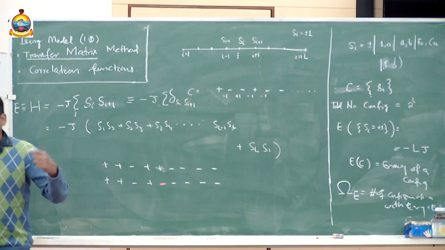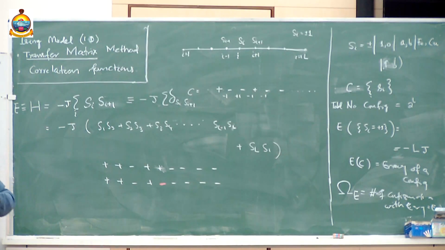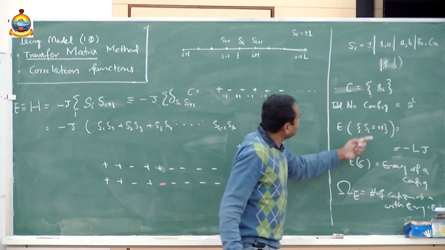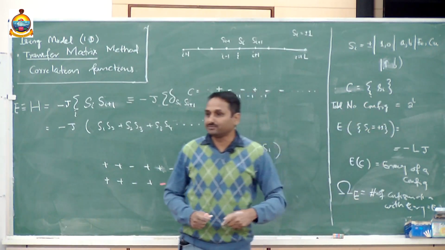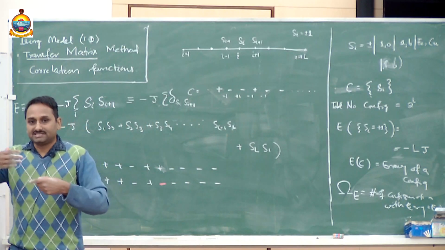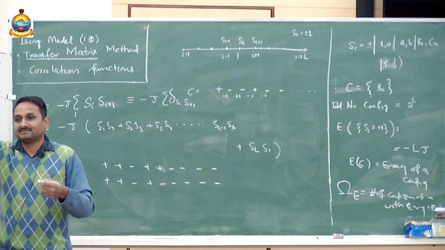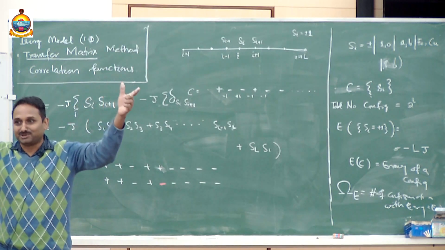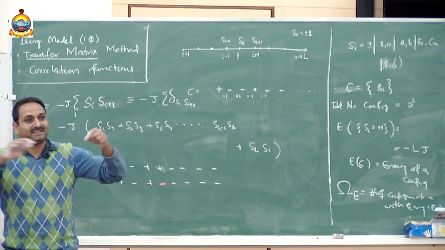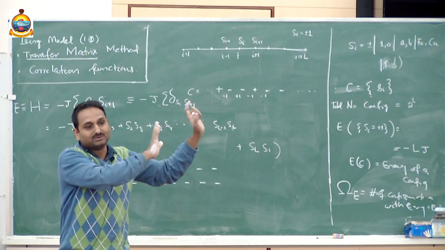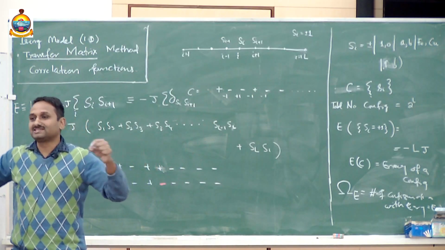So basically, in the configuration space, which has 2 to the power L configurations, the system with time is evolving by changing from one configuration to the other. The example I gave with 7 SOPs is now 2 to the power L SOPs, and you have a rule. We'll come back to the rule a little later, how the system is moving.